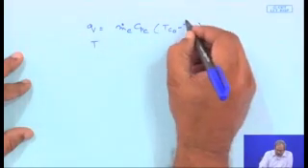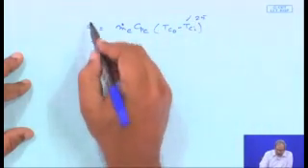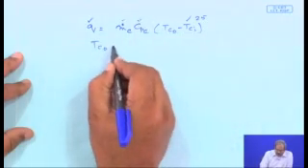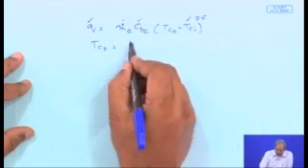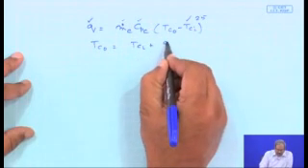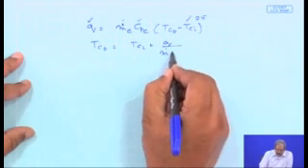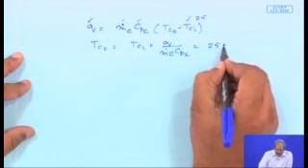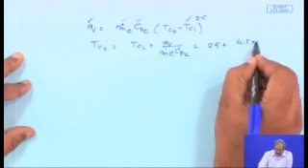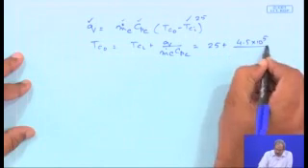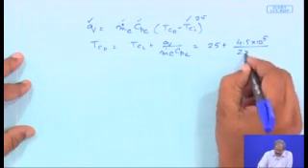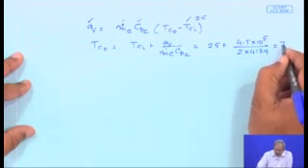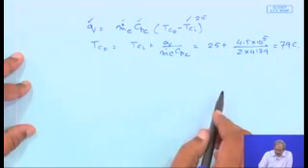Since the inlet is known to be 25, and all these values are known, the only unknown, Tc out, can be evaluated from this. When you plug in the numbers, this would be 79 C.